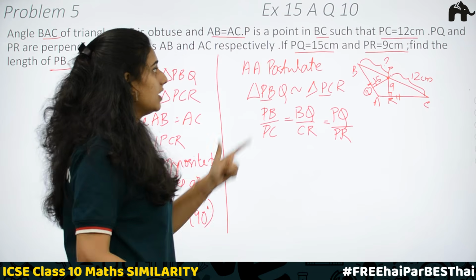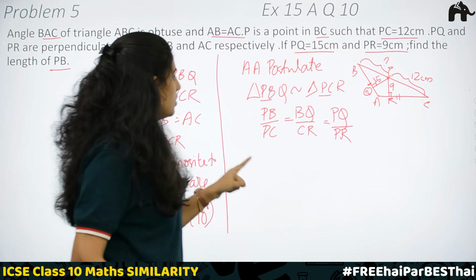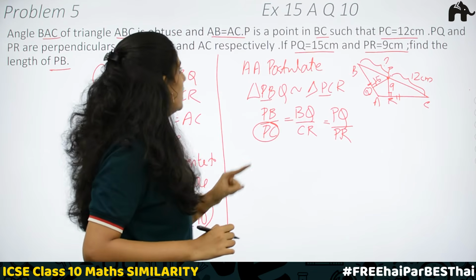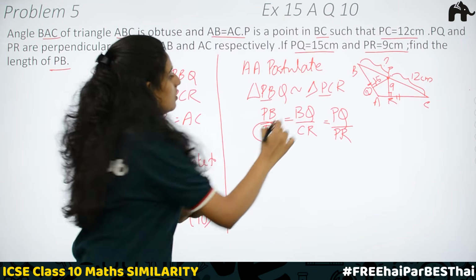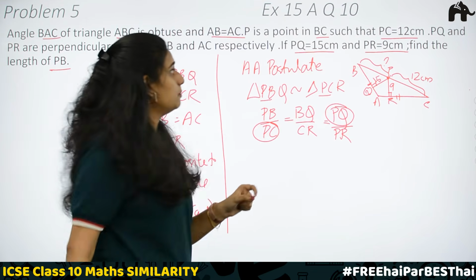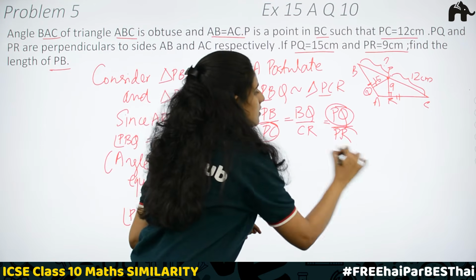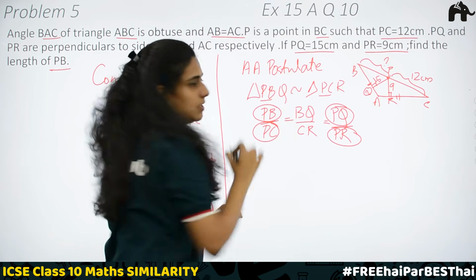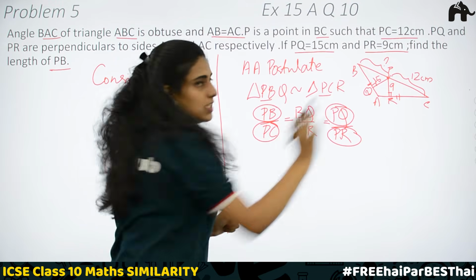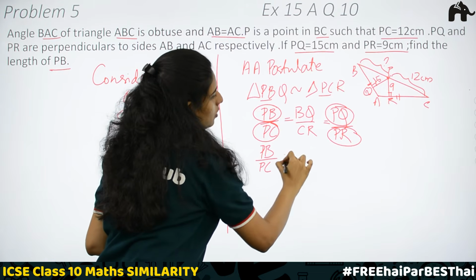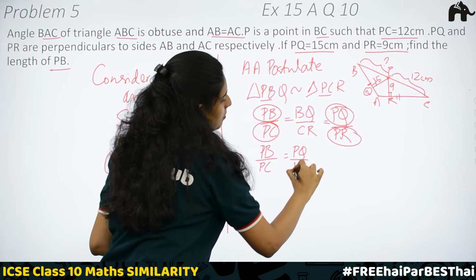What are the known quantities? We have PC, which is 12 centimeter. We have PQ, which is 15 centimeter, and we have PR. We need to find PB. So we can remove this part and take PB by PC equal to PQ by PR.